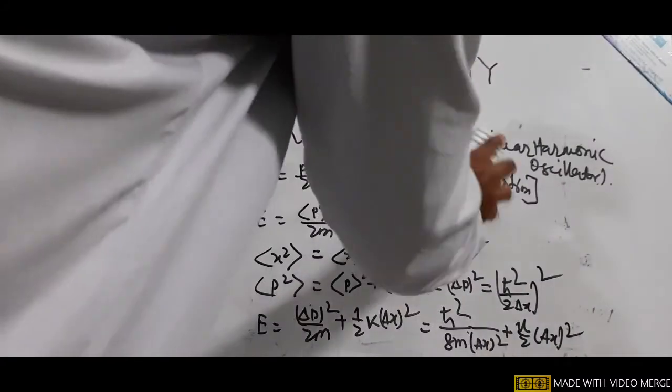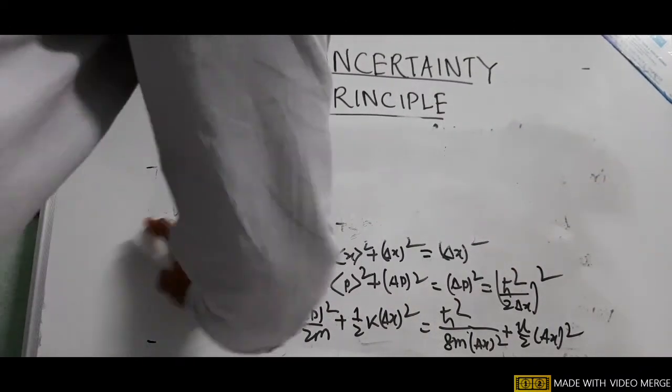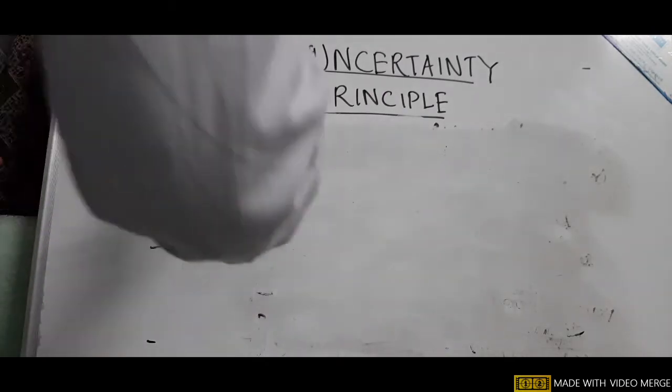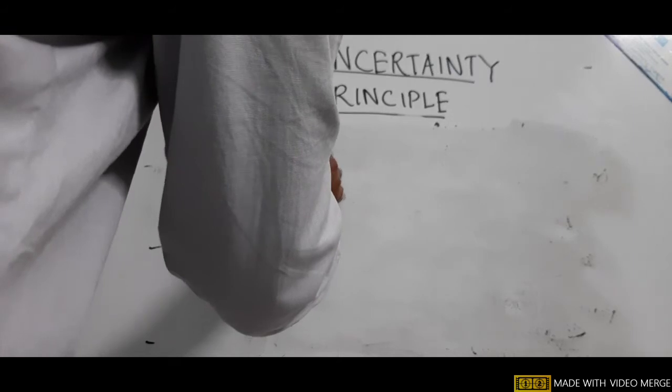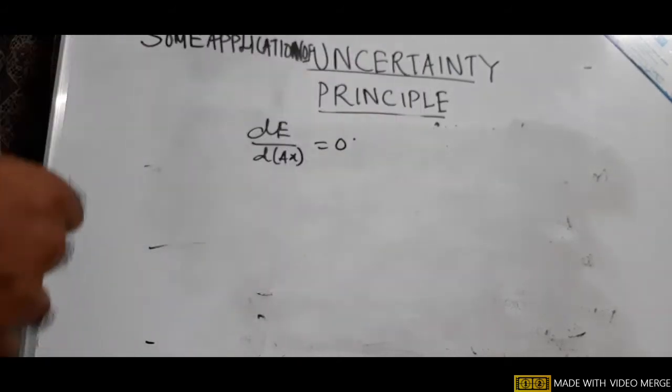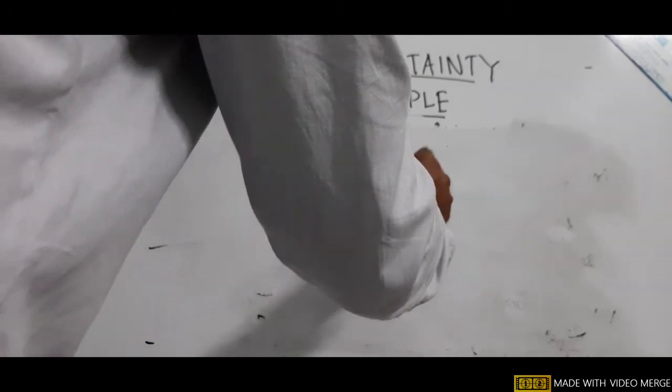So if I do this, the derivative d by d del x equals 0, and then it becomes minus h squared divided by 8m del x cubed plus k del x, that is equal to 0.